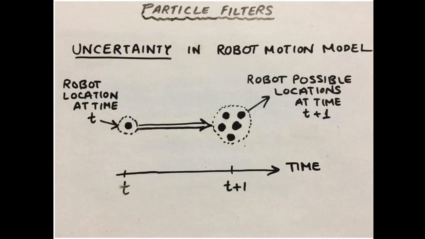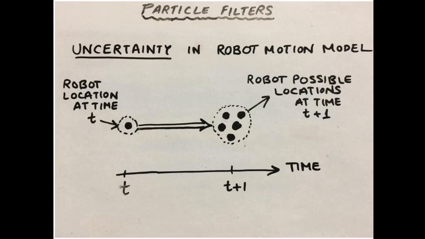The horizontal axis represents time, and we're saying that the robot is located at some position indicated by a small circle at time t, and we are going to make a guess about the robot position at the next sampling time, let's say t+1.